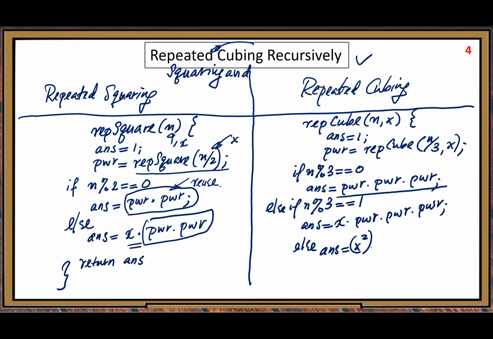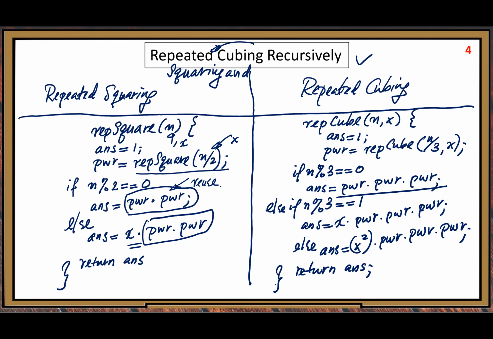You need to do one multiplication, and then the PWR, and return answer. So you can see the implementation recursively in this way.